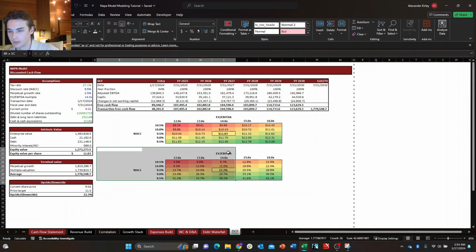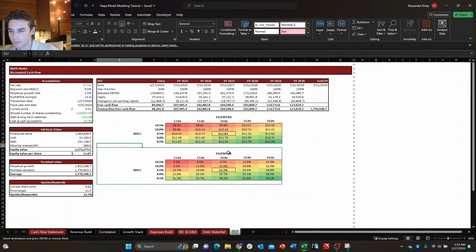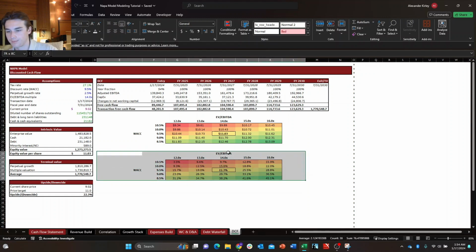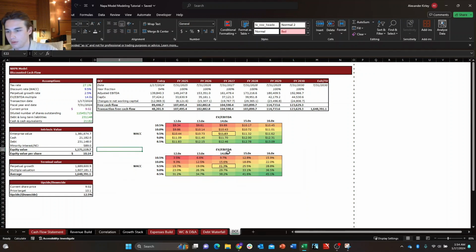I actually want to move this one up. Darn it. There we go. So now what we have are our two sensitivity tables, so we can get a better idea of what would happen, what's currently going on with the name itself.